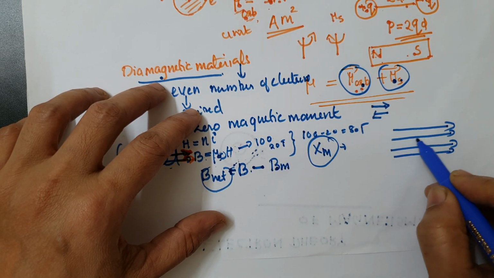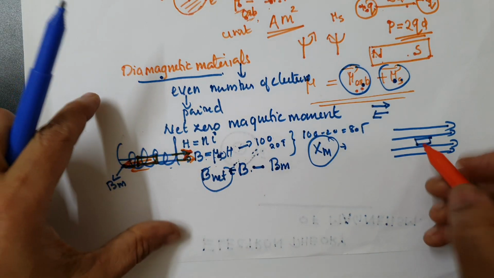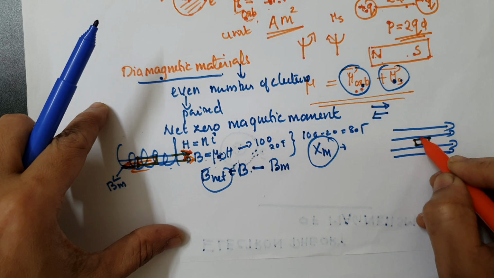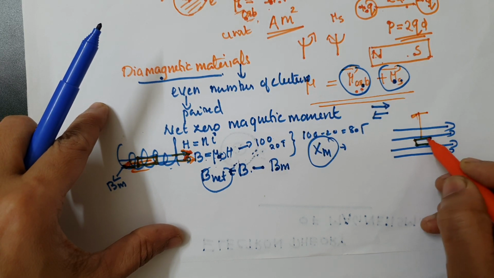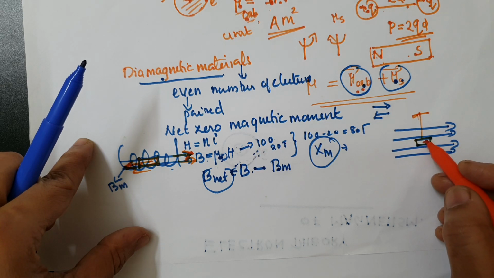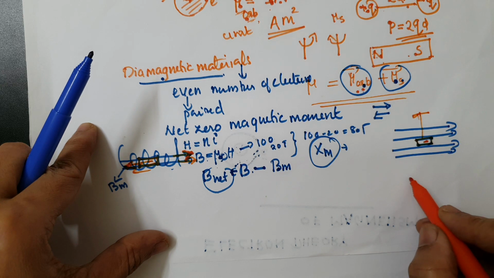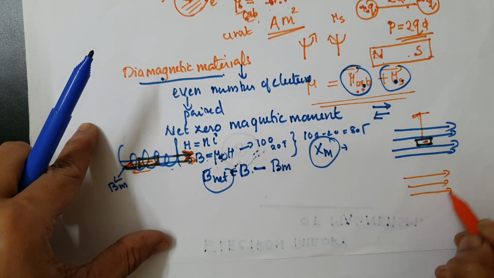And the other property we have studied is this. Consider a magnetic field. When we freely suspend a diamagnetic material in this field, it tries to come out of the field, that is, it will orient in this direction.